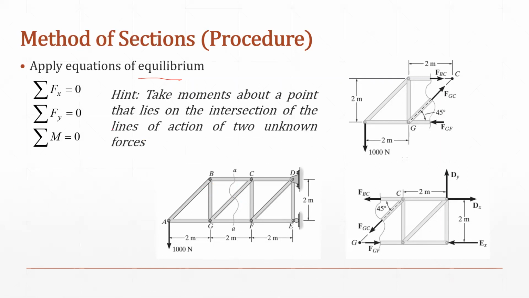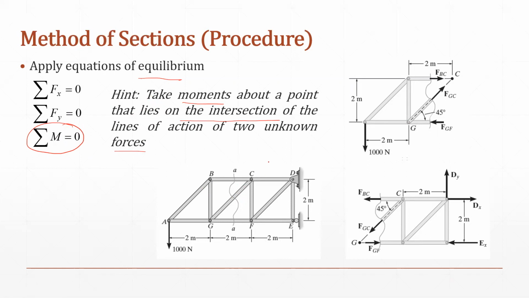Now, there is a hint for when we use the equation summation of M. It means we are supposed to take moment about a point. Which point should we take? It says take moment about a point that lies on the intersection of the lines of action of two unknown forces.